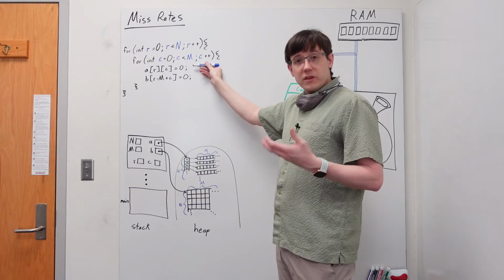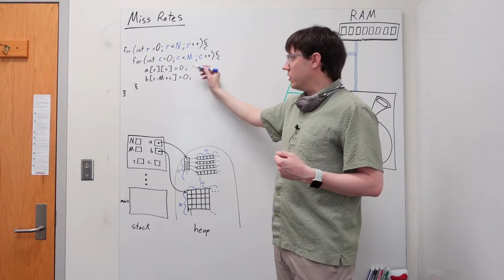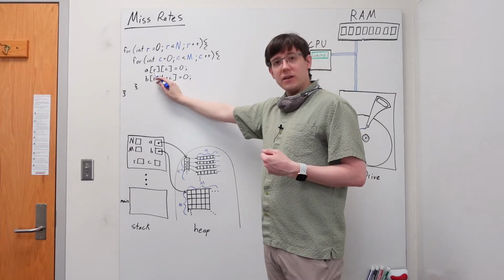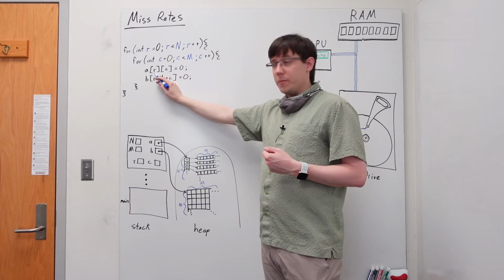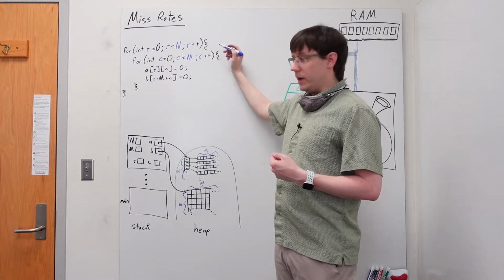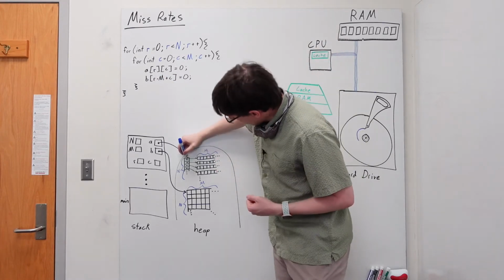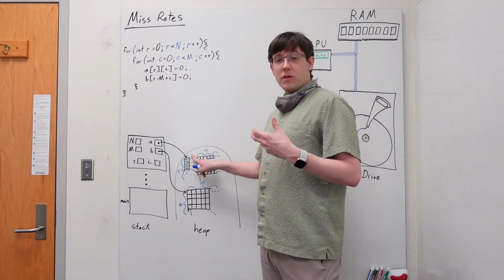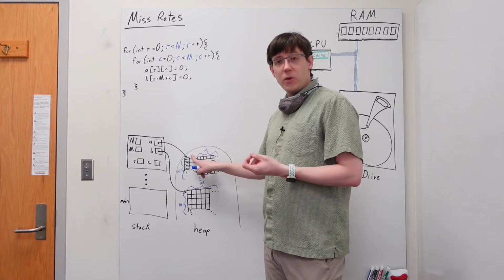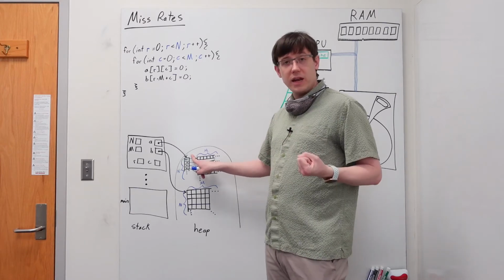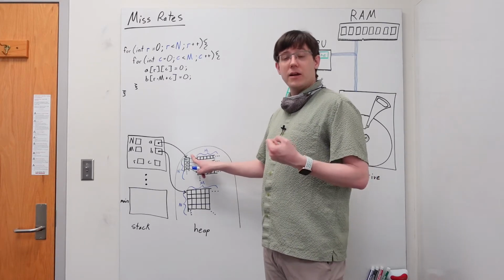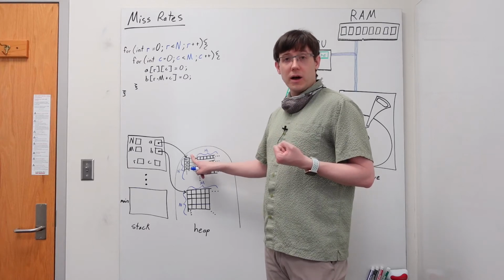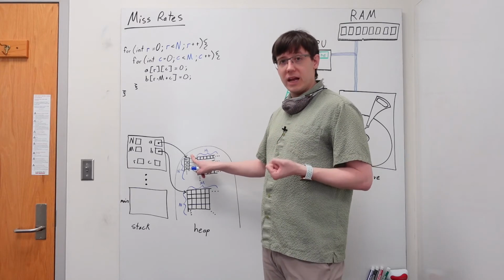When we execute this line, we will be accessing first an index into the outer array, and with r equal to 0, we will access this location. This will be a cache miss, and so we will have to bring in the data that we are accessing, and along with that data will come the block that contains it.